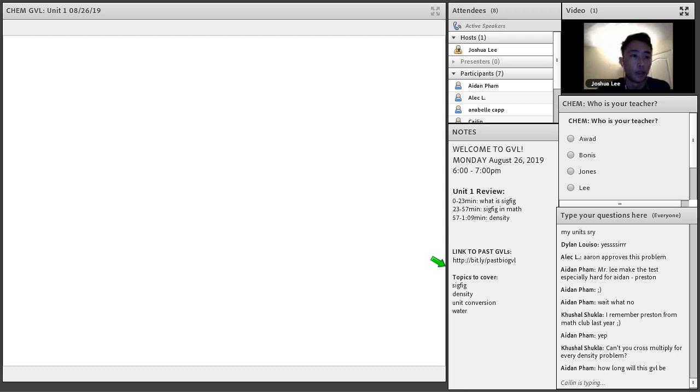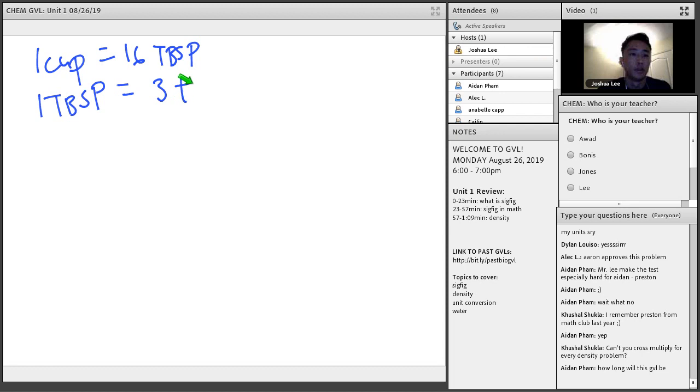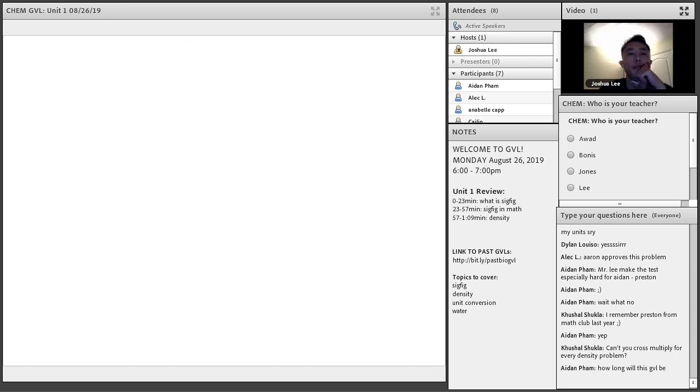So for every 1 cup, there's 16 tablespoons. For every 1 tablespoon, there's 3 teaspoons. It still uses ones though. I'm gonna change it up.